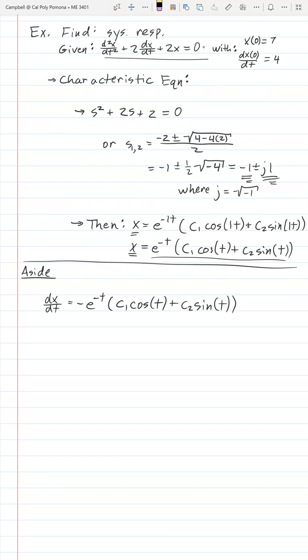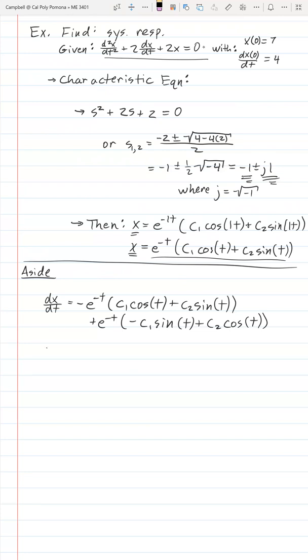And then now we have to take the derivative of what's in the parentheses, so plus e to the -t, all that times now negative c1 times sine t plus c2 times cosine t. So that's our first derivative.